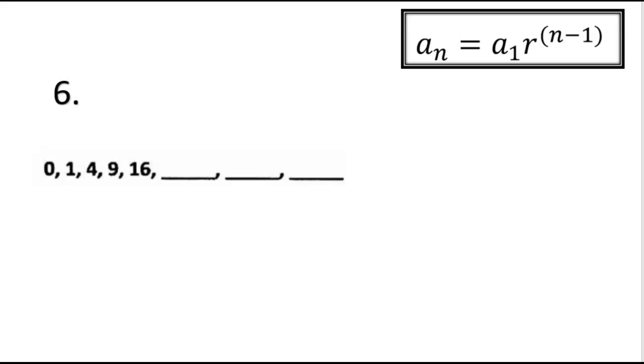Is this a geometric sequence? If it's a geometric sequence, when I divide 16 by the number in front of it and 9 by the number in front of it, I have to get the same answer each time.